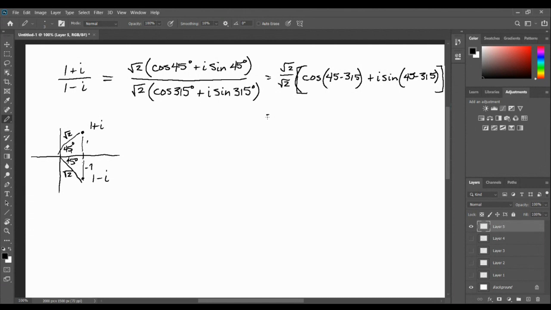So √2 over √2 is clearly 1. So we're left with just cosine of negative, what do we have there? -270. I subtracted that right. Plus I sine of -270. Those are degrees.